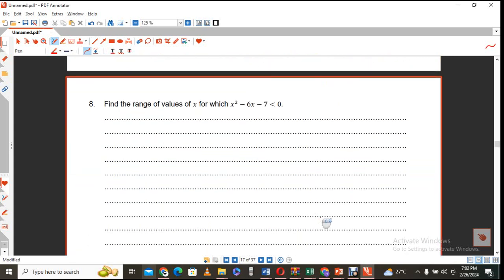Right, now we get to question 8. This one says, find the range of values, again, plural. So you have here a quadratic inequality, and you're supposed to remember, when you're dealing with a quadratic inequality, you want to find the range of values of x for which this quadratic inequality will be less than.